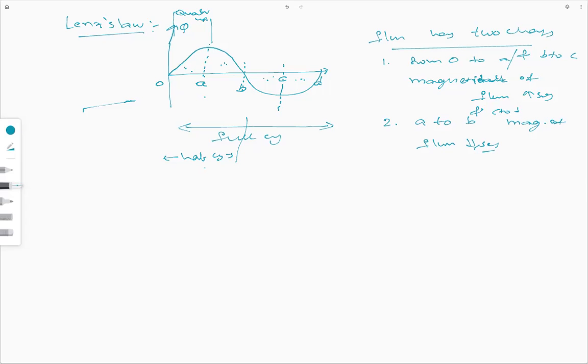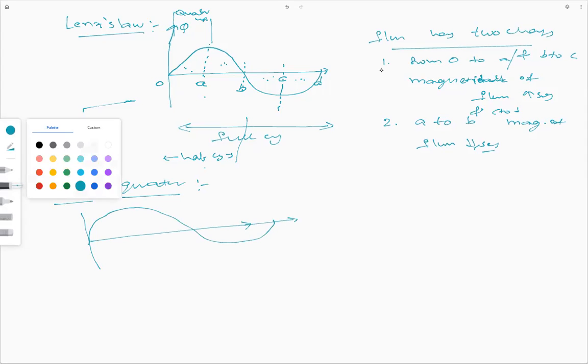So if I analyze the first quarter, what is happening? This is the first case, 0 to A. This is what we are analyzing.